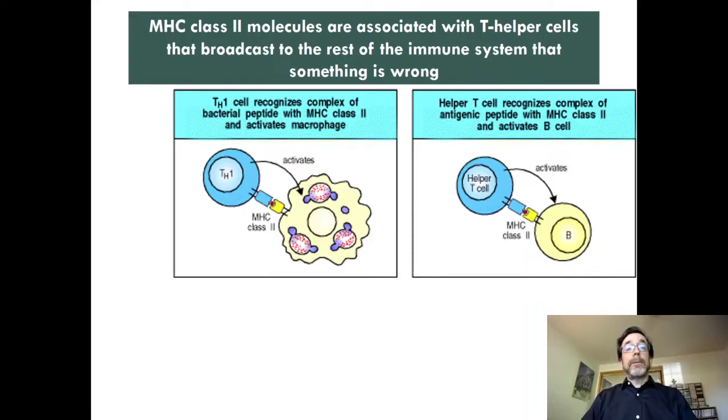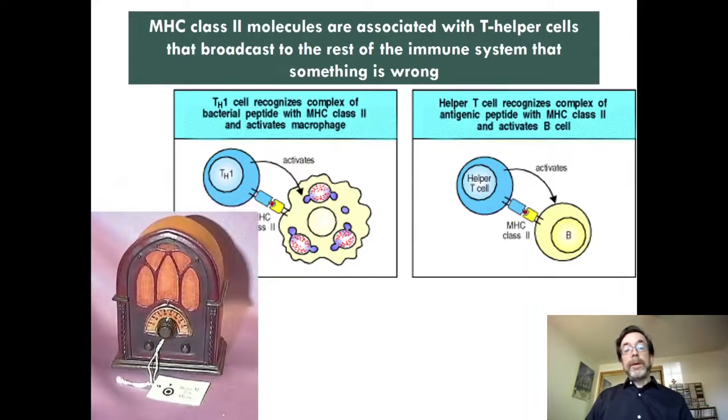Cytotoxic T cells are for all cells that have MHC Class I, looking for viruses and tumors. The specialized cells, the immune system cells that are trying to have specialized functions, they are MHC Class II. A subtle difference between the two, and different shaped molecules that work slightly differently. And so these are like radios.